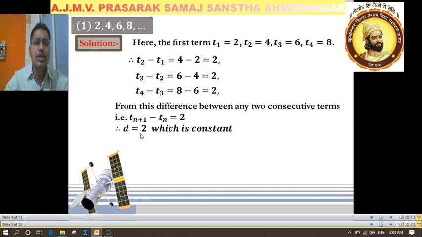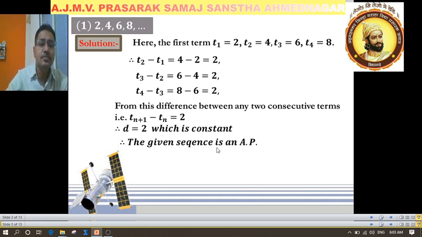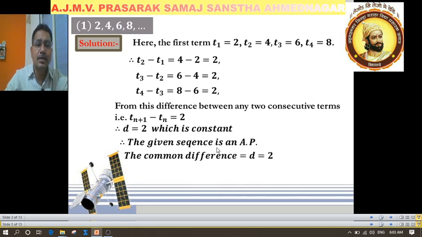Therefore, D is equal to 2, which is a constant. So, according to the definition of arithmetic progression, the given sequence is an arithmetic progression, and the common difference is D equal to 2.